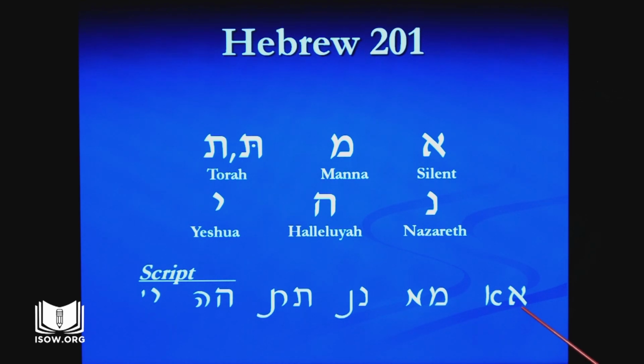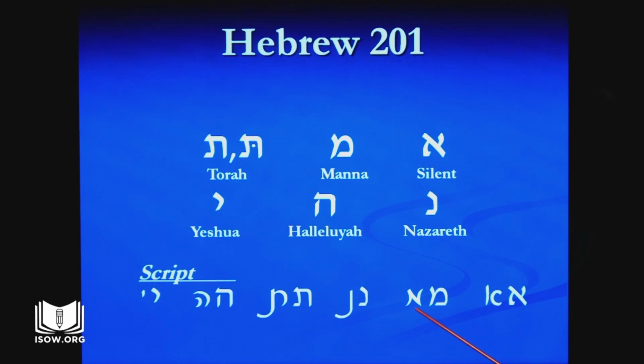So here's the Aleph that you're accustomed to, the block letter, but here is the Aleph in script. It looks similar, but it looks quite different. The letter Mem that you're accustomed to, that's the block letter, but here is the letter written in script. It looks quite different.